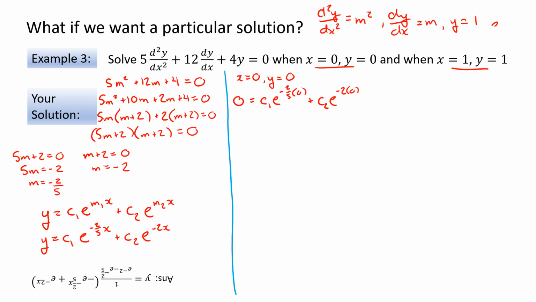So going back up here to my items to know, e to the exponent 0 is simply 1. So if both these terms are 1, what we're left with is that 0 is equal to c1 plus c2. Or if we want to solve for one in terms of the other, we get that c1 is equal to negative c2. Okay?